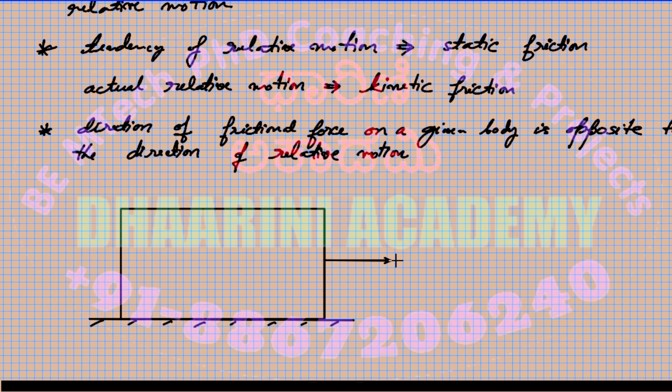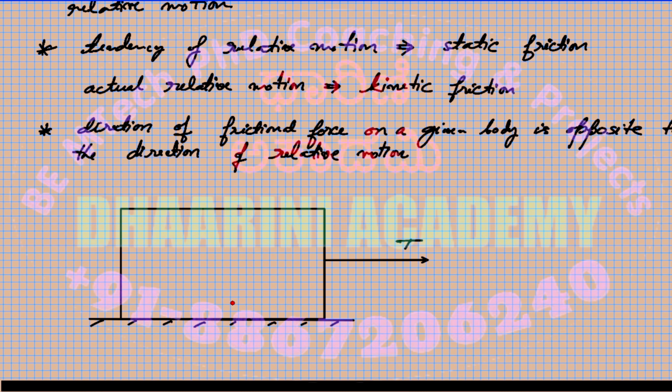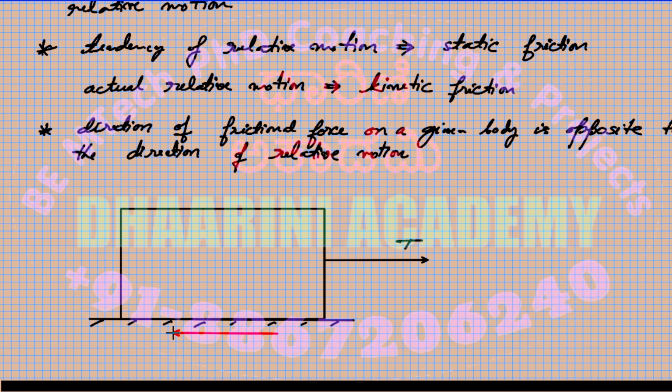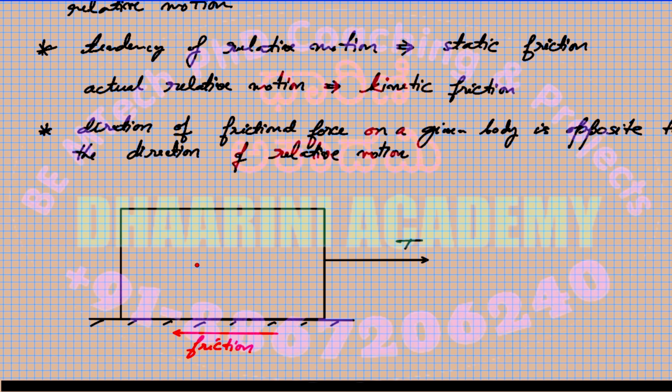I'm trying to pull this object to the right, so this is the force, maybe I apply T. Since the object is trying to move to the right, the frictional force is going to be applied in the opposite direction. So this is the direction of friction in this case, with respect to this object A.